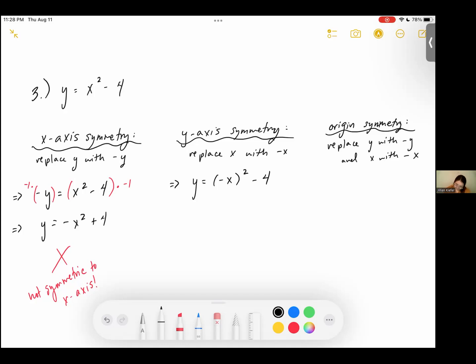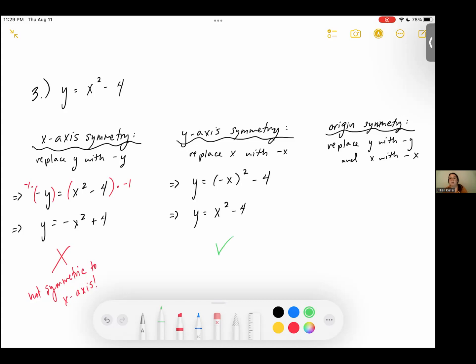So really, this is y equals x squared minus 4, which is the same thing as our original. Which means that we have symmetry to the y-axis. We see how it kind of simplified in that case.